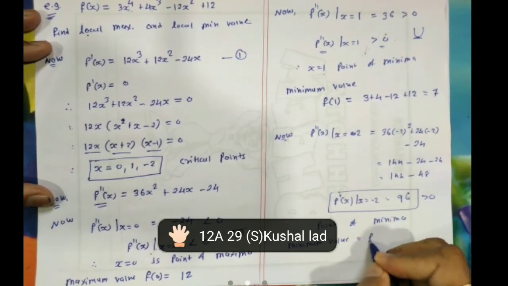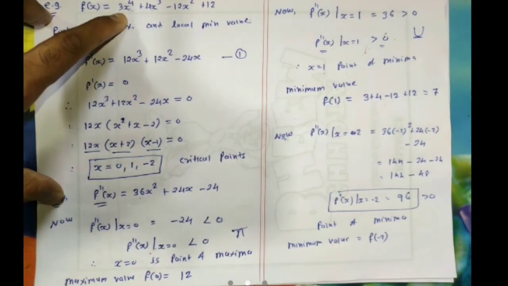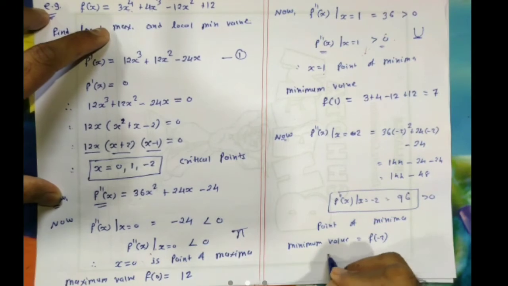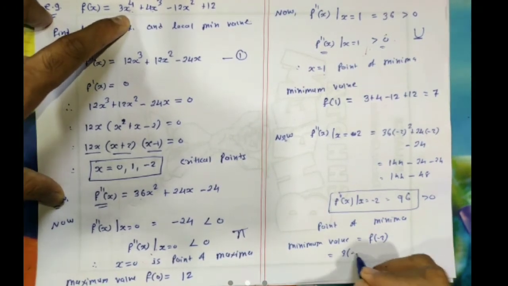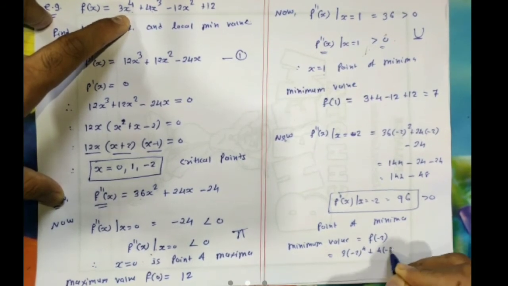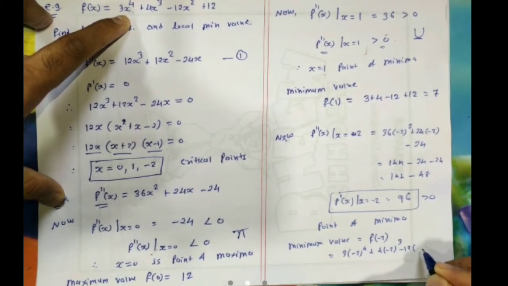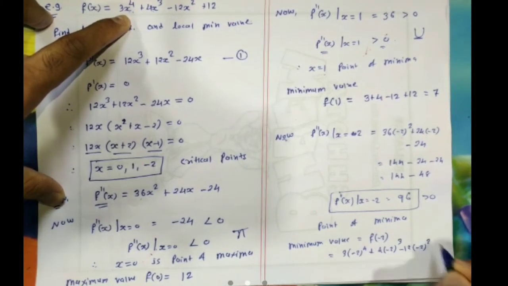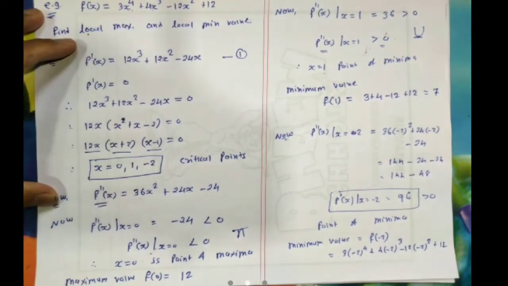So it's f of minus 2. Find the value of this function at x equal to minus 2. So this will be 3 into minus 2 raised to 4 plus 4 into minus 2 raised to 3 minus 12 into minus 2 square plus 12.